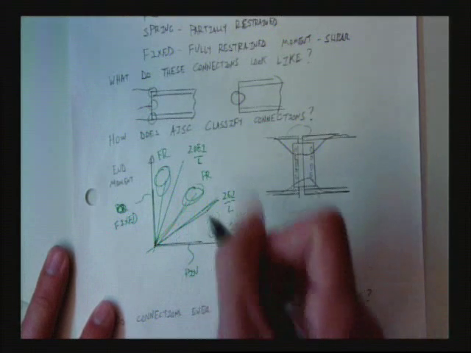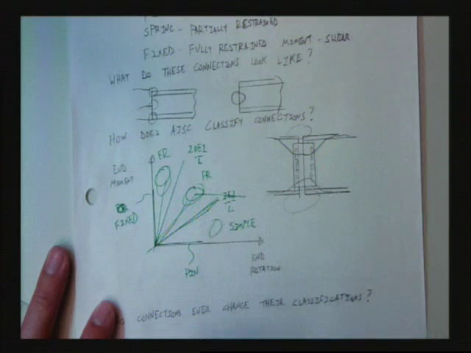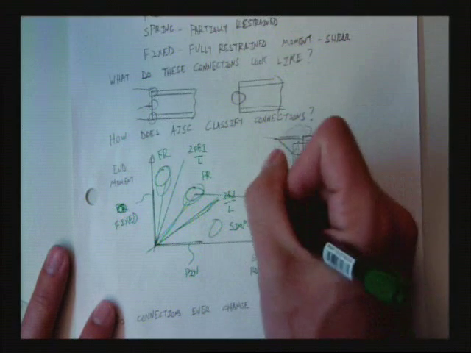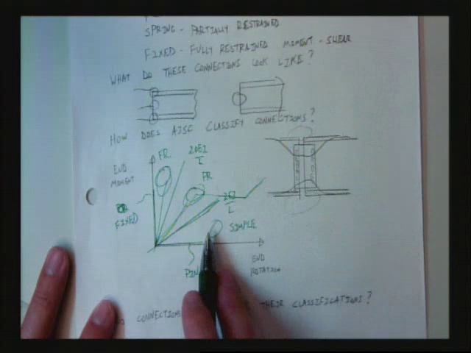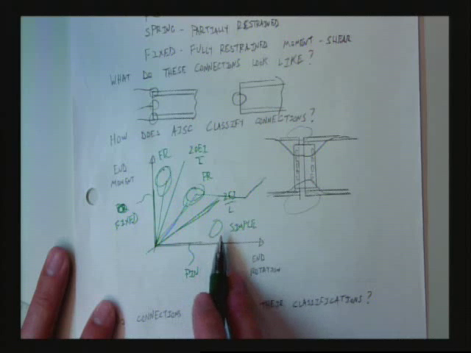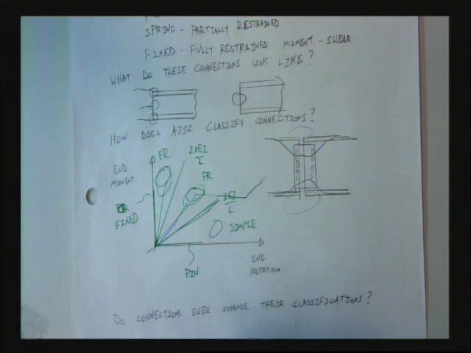And then all of a sudden, boom, you fall. And you might still move along at a similar stiffness. But it's too bad. You've fallen in the quadrant, and you are a simply supported connection. You with me? Great. Great.